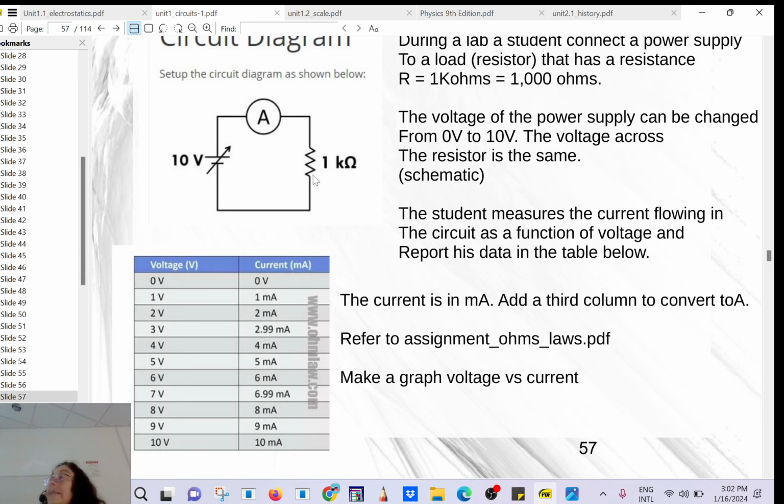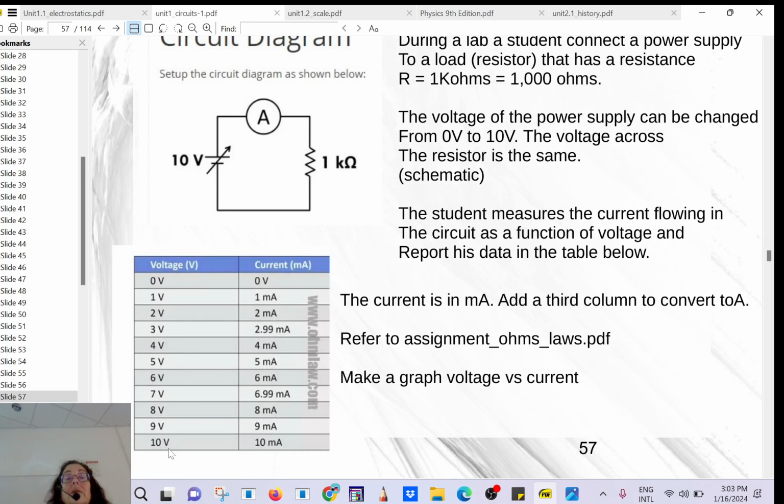You have a resistance here of 1 kilohm, where K stands for 1000. And you have the voltage. That's a special power supply with a knob, and you can change the voltage from 0 to 10 volts.